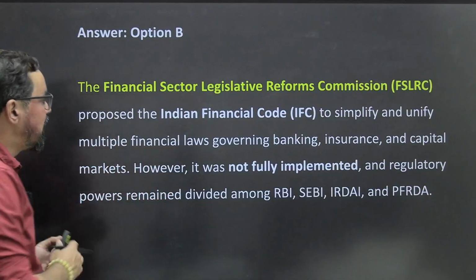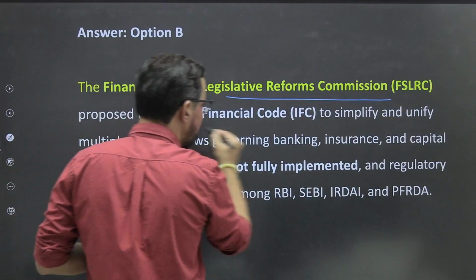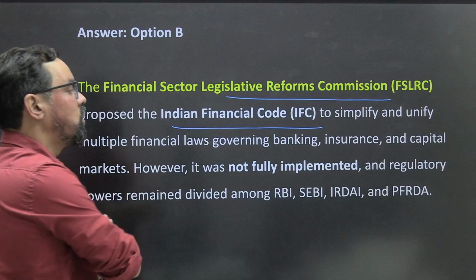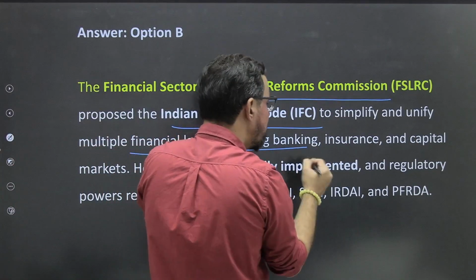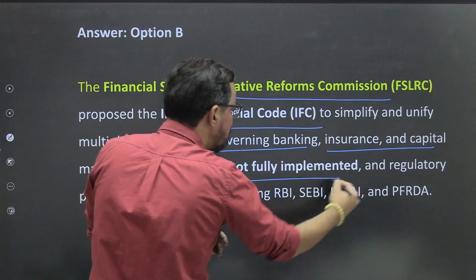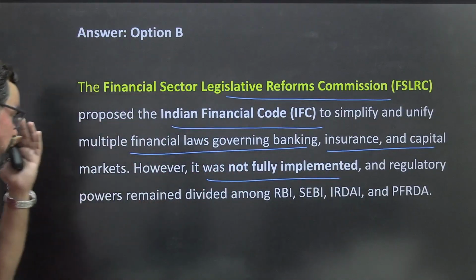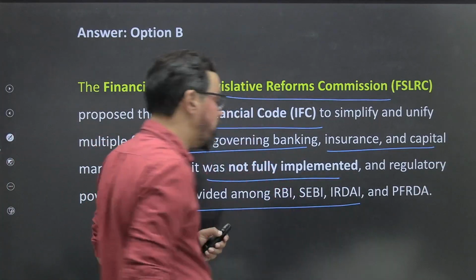So the Financial Sector Legislative Reforms Commission proposed the IFC, ठीक है, Indian Financial Code, to simplify and unify multiple financial laws governing banking, insurance, and capital market. However, it was not fully implemented, and regulatory power remains divided among these particular ones.